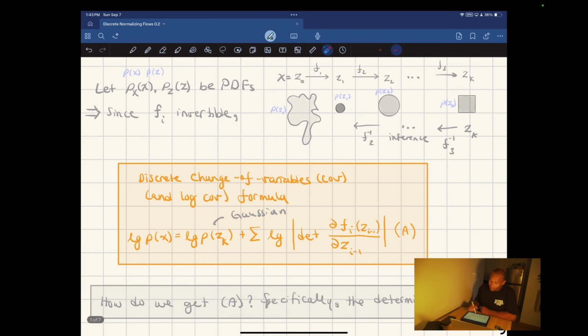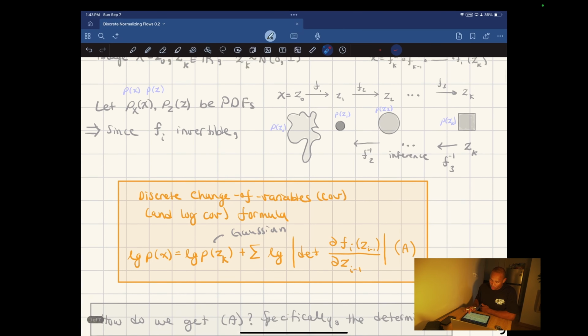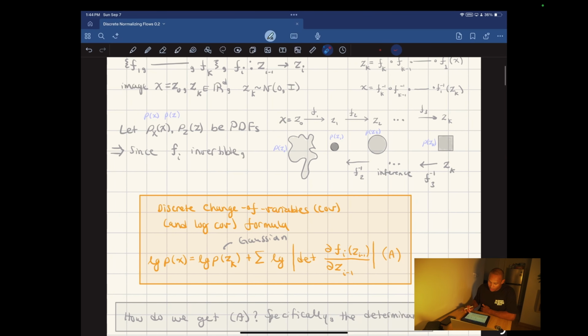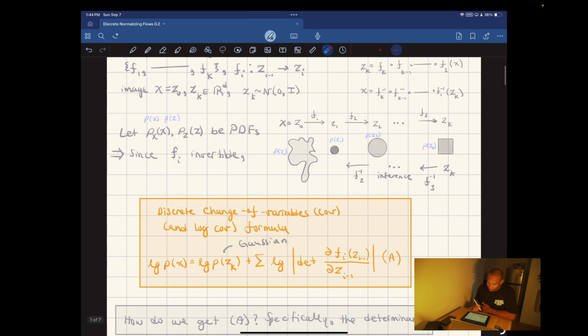Now, essentially the objective function is to maximize this likelihood, or to minimize the negative log likelihood, as it is with most machine learning objectives. And it's described by this equation, which is called the discrete change of variables formula. So you can see here is our assumed Gaussian, our assumed standard normal, okay?